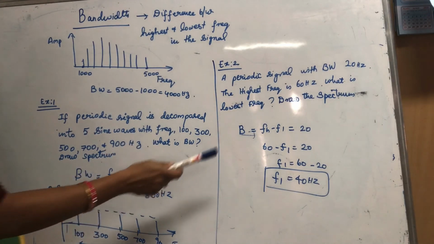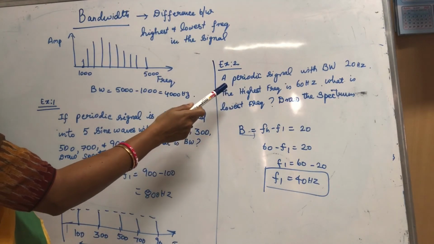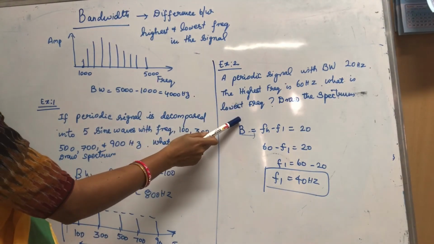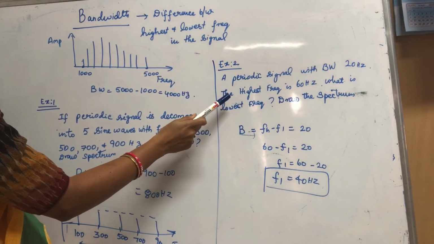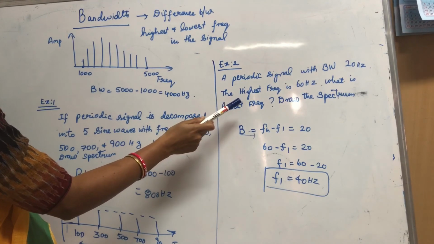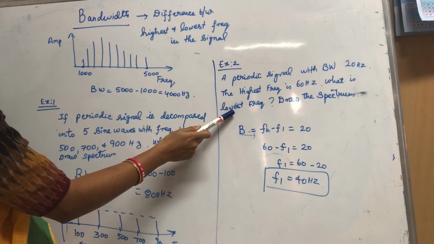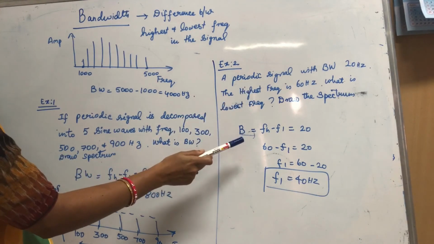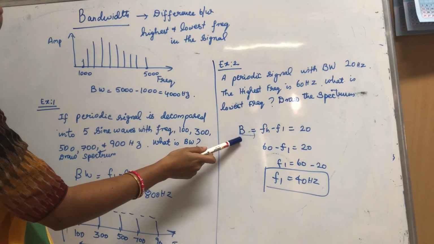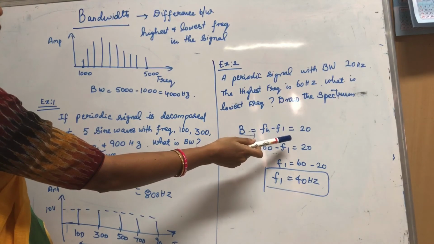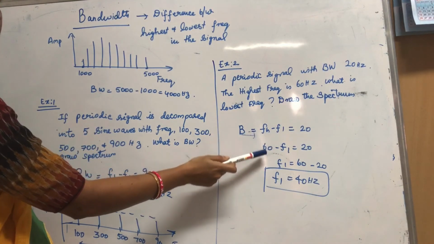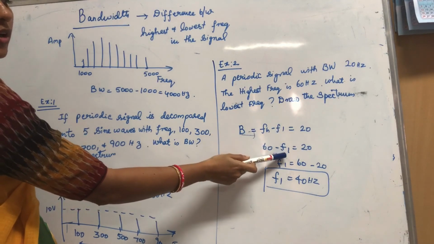In the second example, we have to find the lowest frequency of a periodic signal with a bandwidth of 20 hertz, given that the highest frequency is 60 hertz, and we also have to draw the spectrum. The bandwidth is FH minus FL, which equals 20. The highest frequency 60 is given, and the lowest frequency is not given.